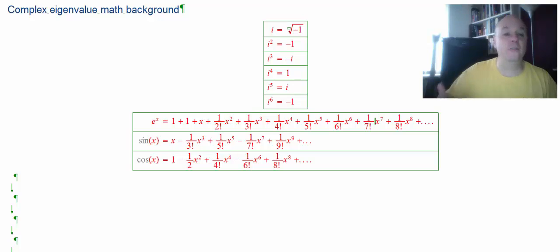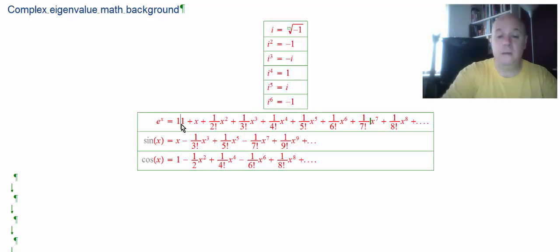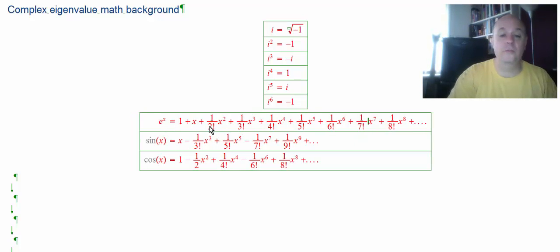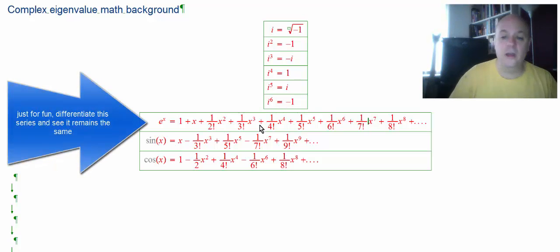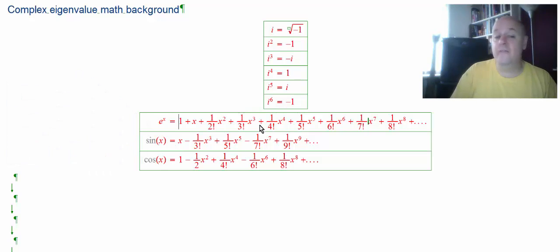More facts that we need to bring in. We know the series for e to the x. e to the x is equal to its Maclaurin expansion, 1 plus x plus x squared over 2 factorial plus x cubed over 3 factorial, etc. Each one of these terms is x to the n divided by n factorial. We also have a Maclaurin expansion for sine.